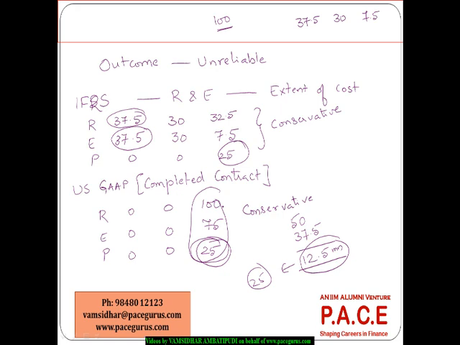I can recognize the revenues much earlier also, which means this kind of percentage completion method is more and more aggressive, and in this case it's even more subjective as well.